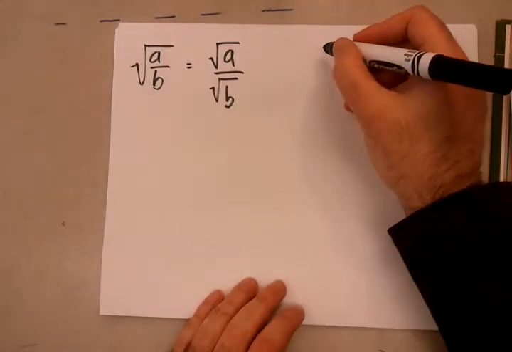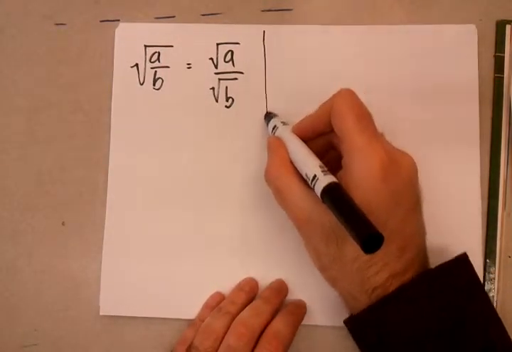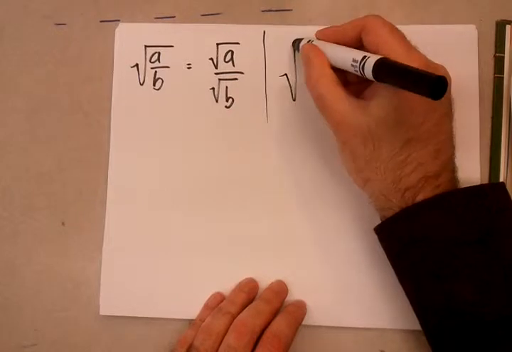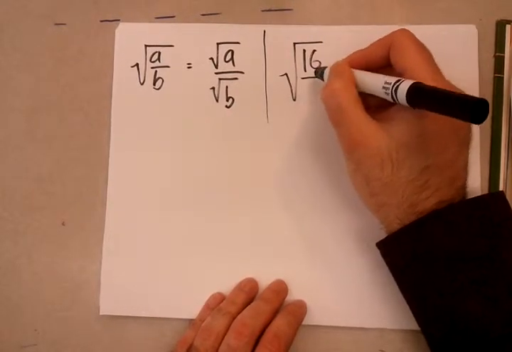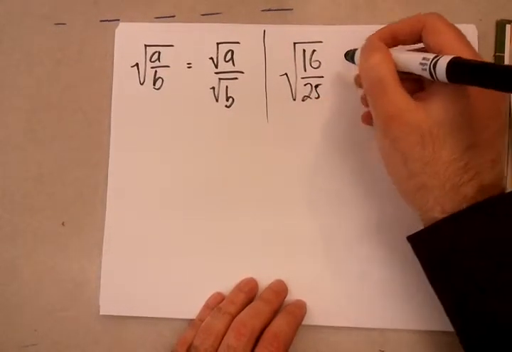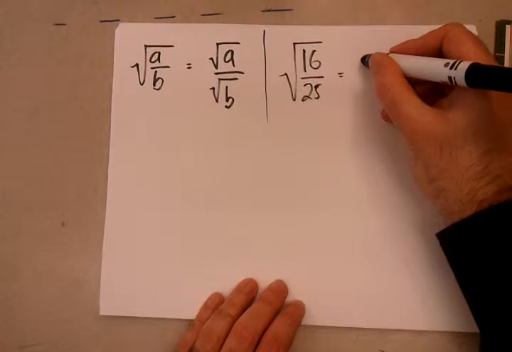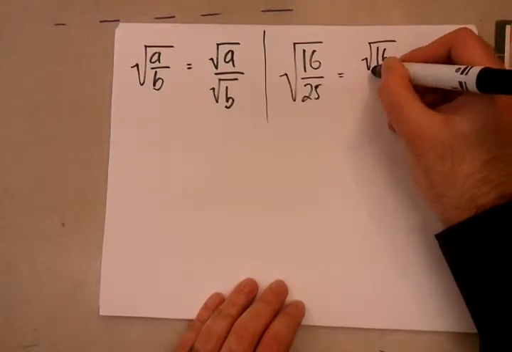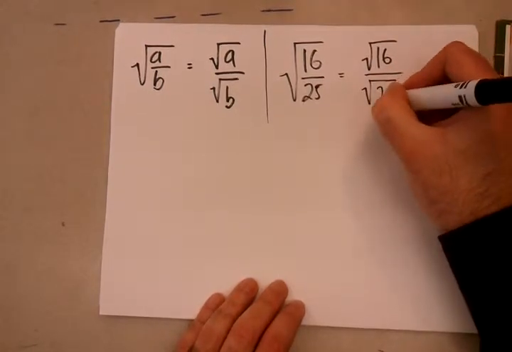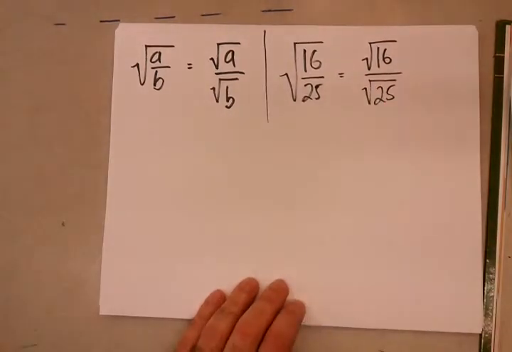So here's a problem with numbers in there. 16 over 25. Again, it's a fraction underneath the square root. Can't have those, so let's break it up into two separate parts. Alright, good. Step 1 done. Now let's take a look at the individual radicals.